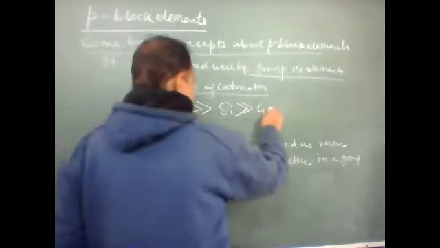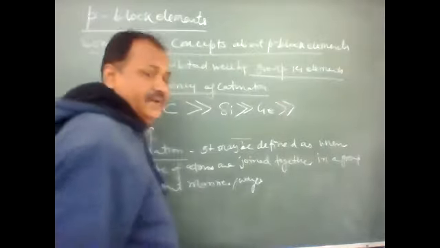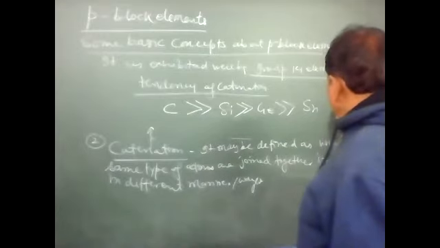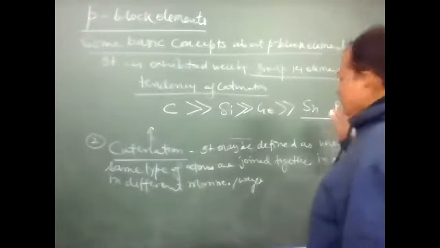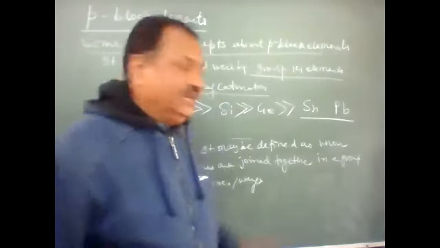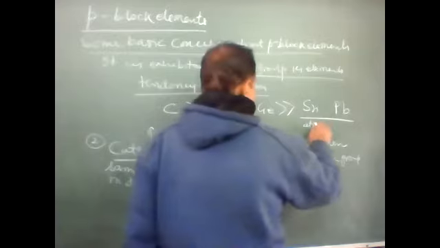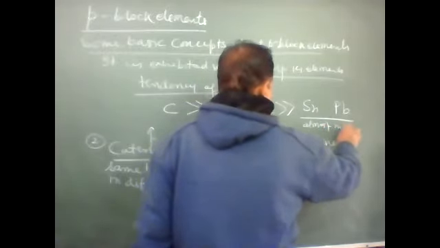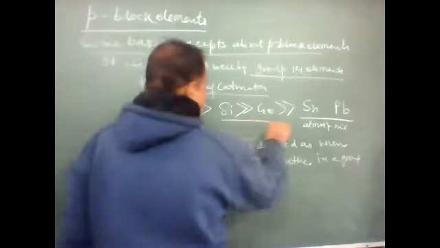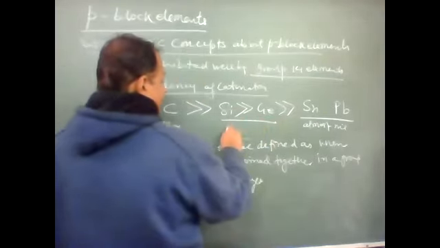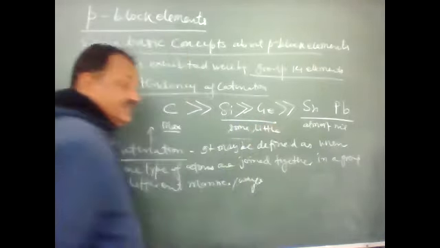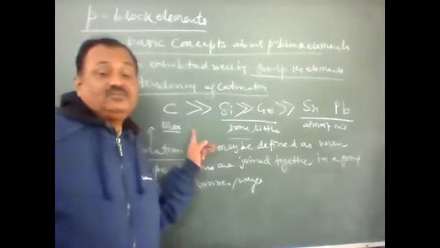Then germanium, then Sn and Pb have very poor or almost nil tendency.